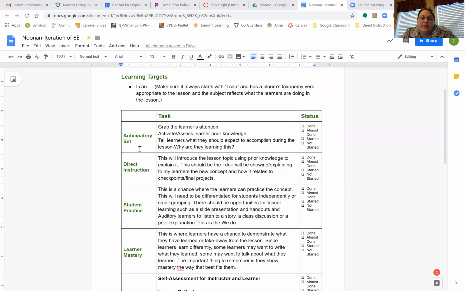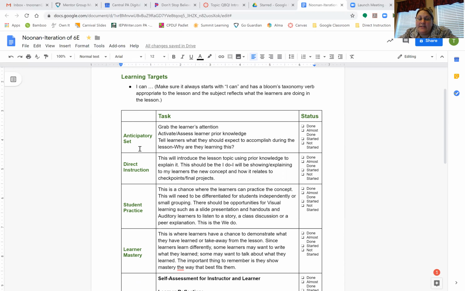So I started with an anticipatory set, and this would be like our engage. I definitely think you need to grab the learner's attention no matter what grade. The little ones for sure, the older ones because they think they know everything.